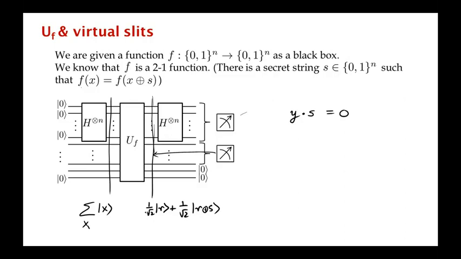And then when we look at the output, when we do a measurement, we pick out one of the strings at which there's constructive interference, and a random such string. But that random string yields a linear equation which gives us a constraint on the secret string s that we are trying to find. Okay, and these linear equations allow us to reconstruct s.